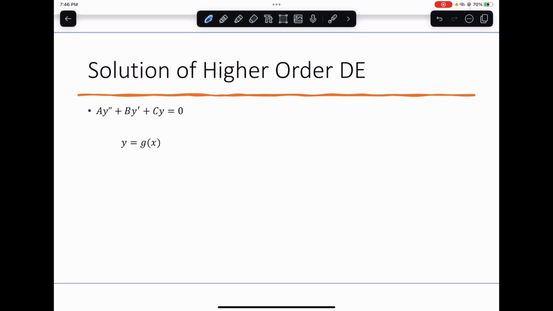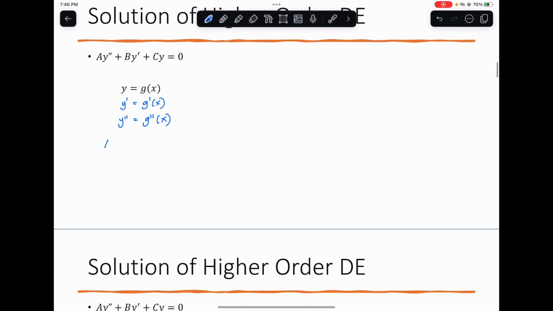Example, we have a solution. The solution is a function of x, which is g of x. I just need to find y prime, which is g prime of x, and y double prime, which is equal to g double prime of x. Then substituting, a times y double prime, which is g double prime of x, then plus b times y prime, which is g prime of x, and then plus c times y, which is g of x, is equal to 0.